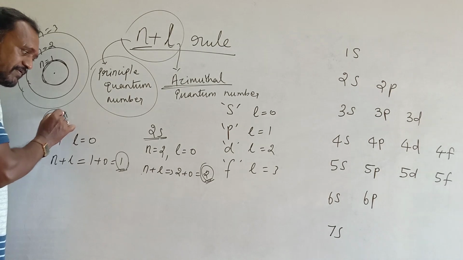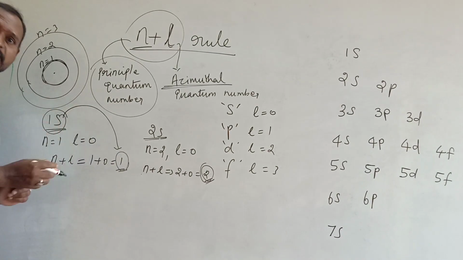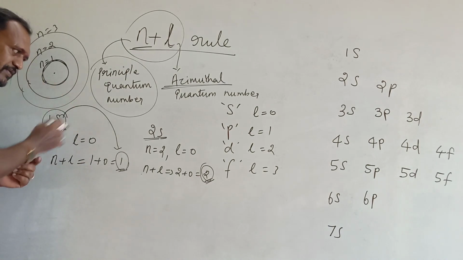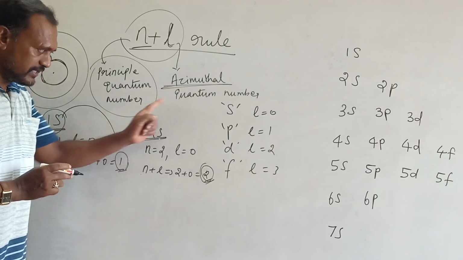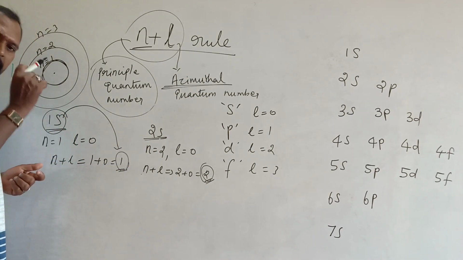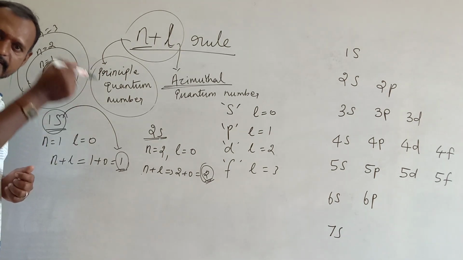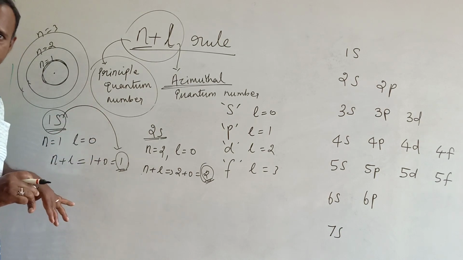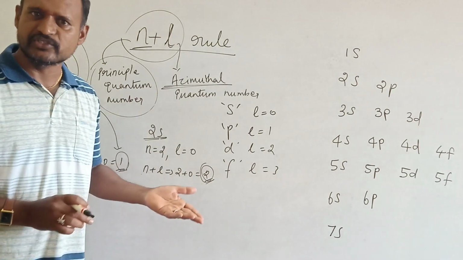So the orbital having less n plus l value is having less energy. Okay, if you compare 1s with 2s, 2s has a higher n plus l value, so its energy is greater than 1s. Are you clear? So the orbital or the subshell which has the lowest n plus l value is having the lowest energy. Orbital with the highest n plus l value is having the highest energy.